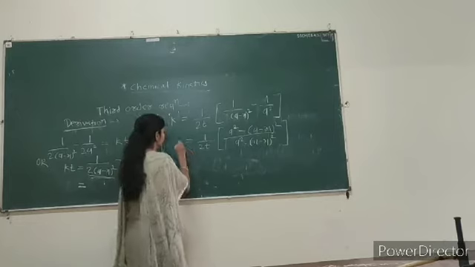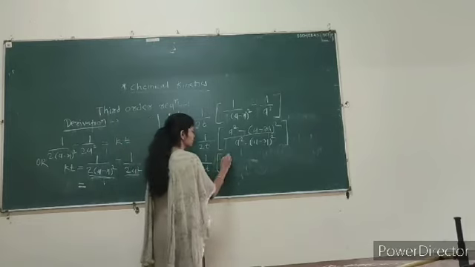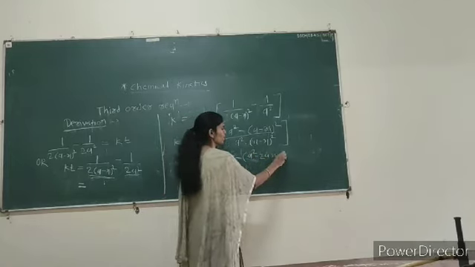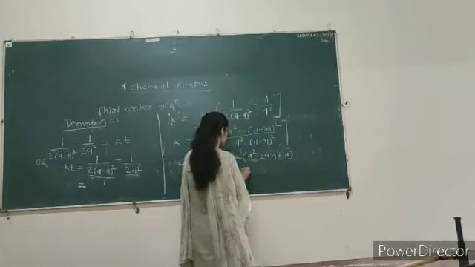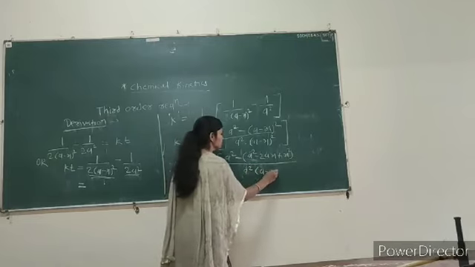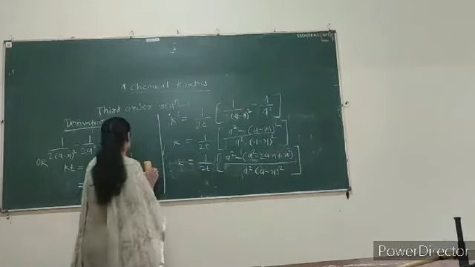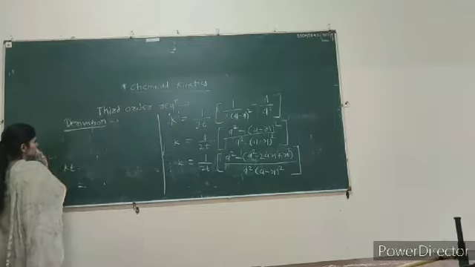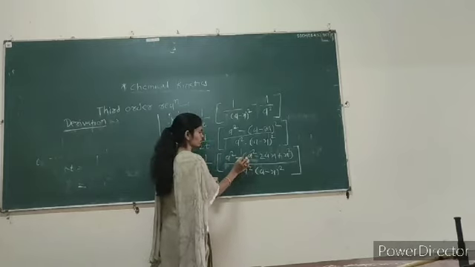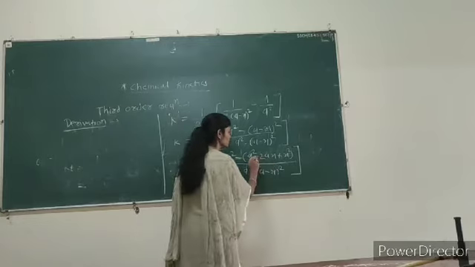Write down k is equal to 1 upon 2t, a squared minus (a squared minus 2ax plus x squared), whole divided by a squared into (a minus x) squared. The bracket is cancelled out, so the minus sign changes all the signs inside the bracket.